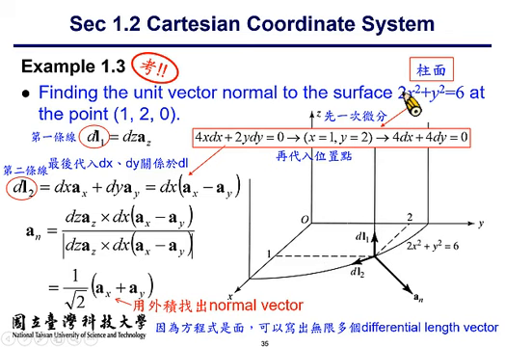Alright, so to find the second differential length dl2, you begin with the equation 2x squared plus y squared equals 6, taking the differentiation. So that will be 4x dx plus 2y dy equals 0.